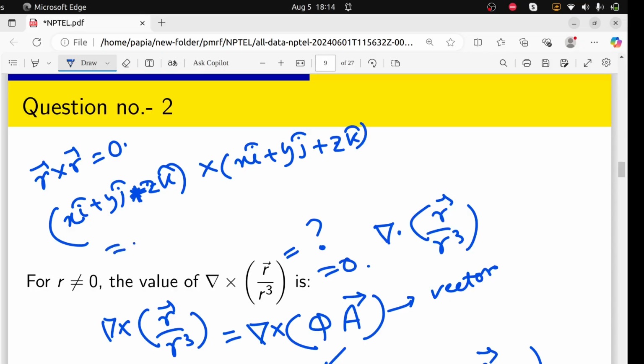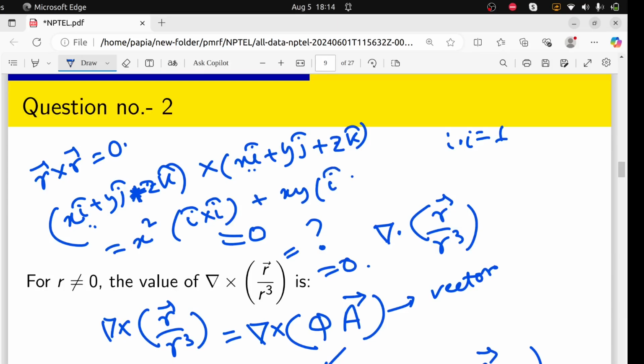So it is like x square I cap cross I cap. I cap cross I cap will come as 0. I cap dot I cap is 1, but I cap cross I cap is 0. Now you can tell me that this one will come like, let's say, x y I cap cross j cap.